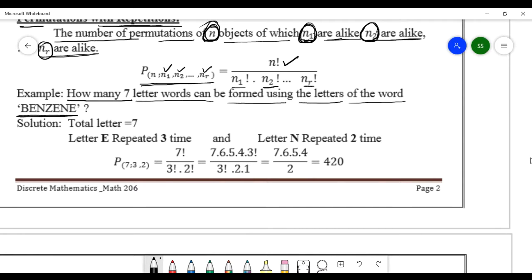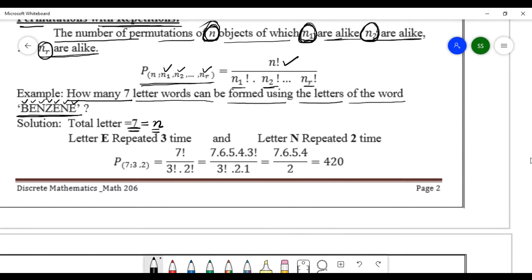You know benzene. So in the word benzene, see this: 1, 2, 3, 4, 5, 6, and 7. Total letters 7, that means n is 7, right?